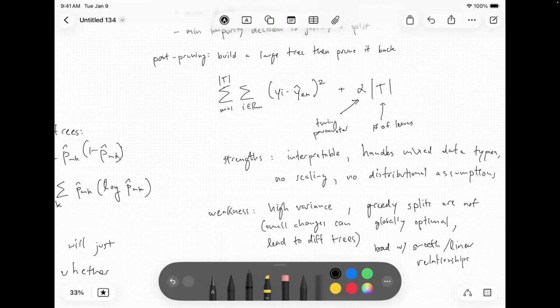It's going to have a hard time deciding where to do the split if the true relationship is linear, right? Because it doesn't matter where you cut. That relationship doesn't change. So this tends to not be as robust with relationships that are very smooth or very linear between my x and my y. Okay?